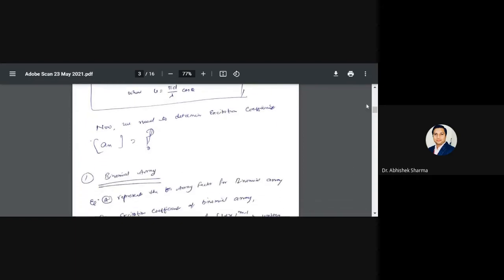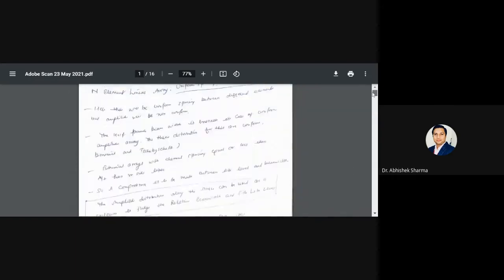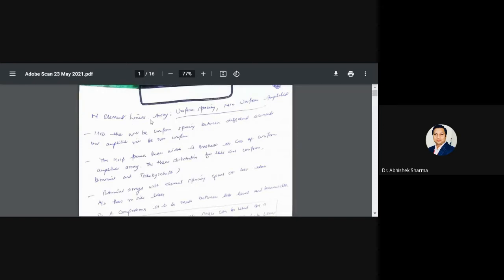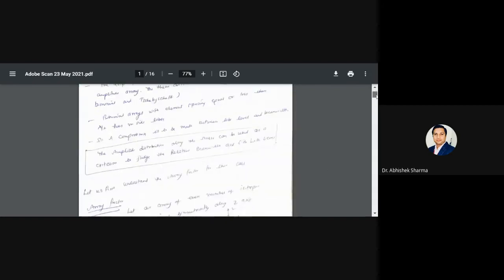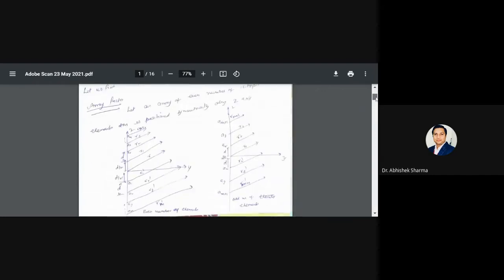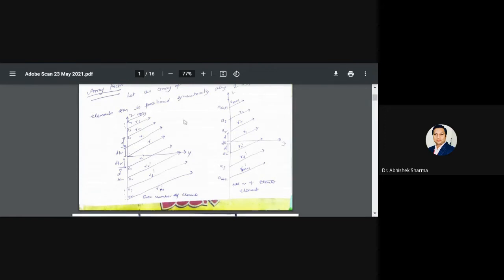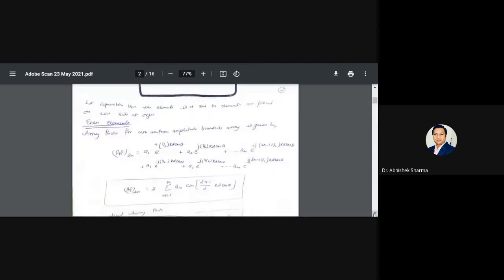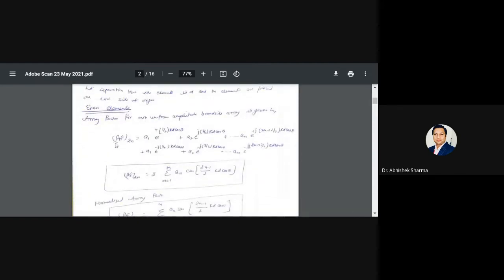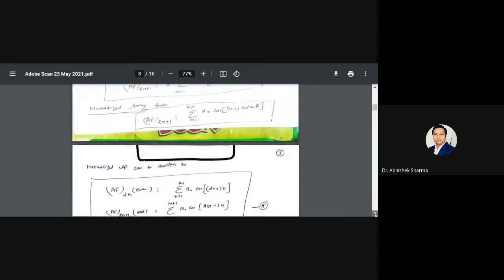So if I summarize, in an n-element linear array which is uniformly spaced and has non-uniform amplitude, we have written it in two ways: one when there is an even number of elements and one when there is an odd number of elements, and we have written equations for the array factor for both categories. That is what we have done till now.